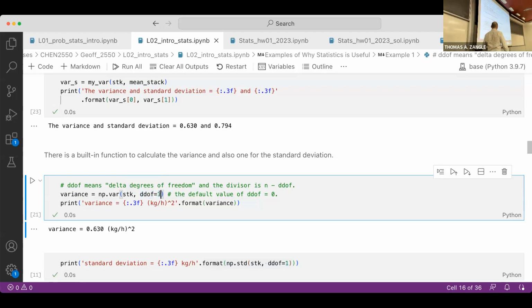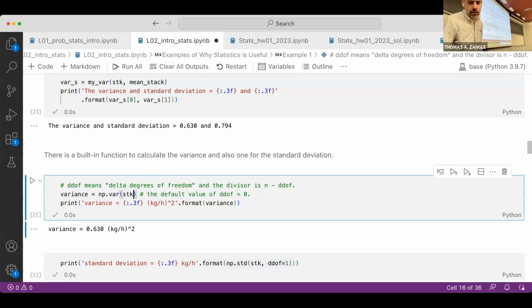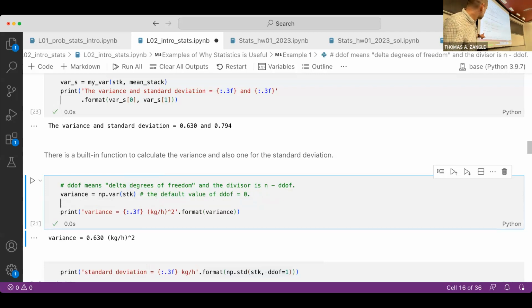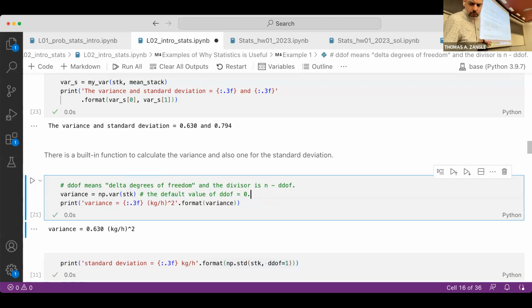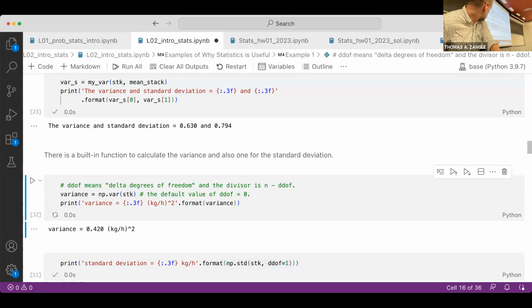This is critical when we're computing the sample variance or the sample standard deviation. And actually, if we were to run this without that argument, you see we get an underestimate of the variance in the sample, right?